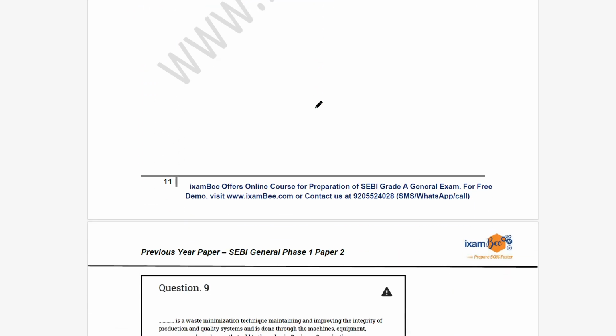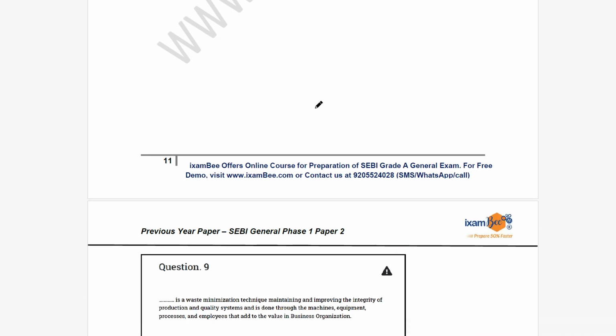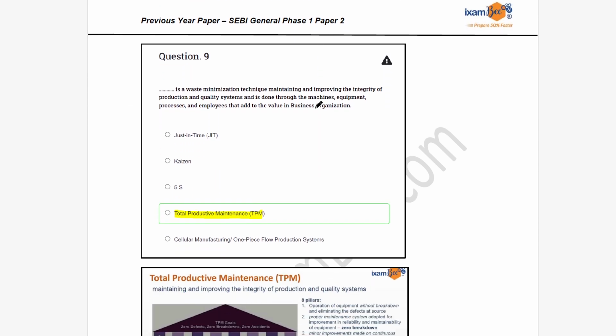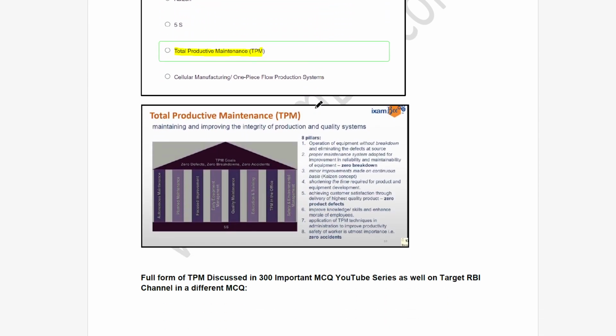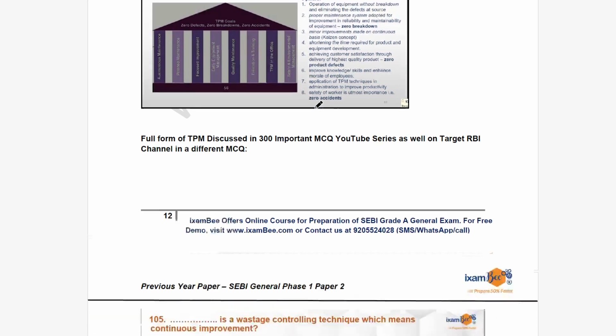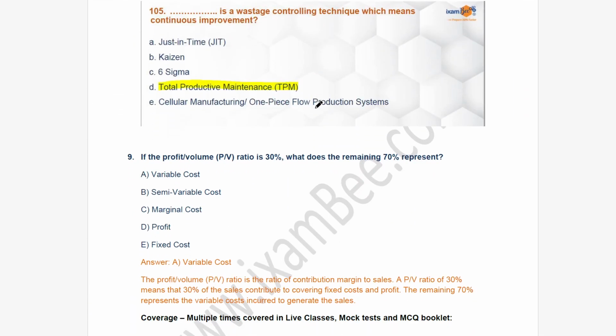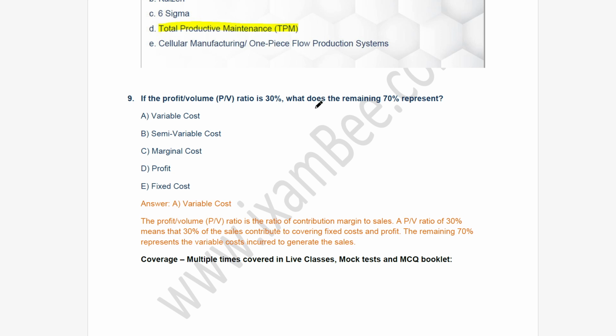So again, a very, very important lean system, and this has been covered in our different questions, notes, class discussions, even in our 300 question series that has been asked and talked about again and again.